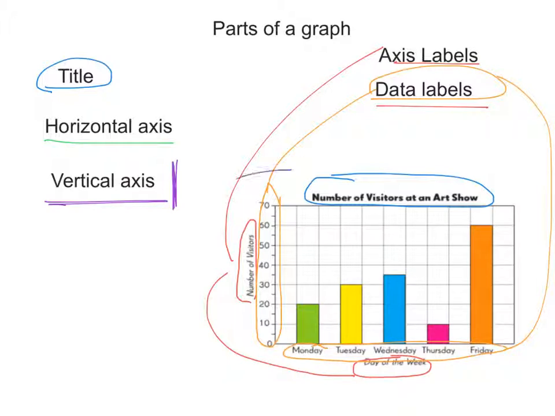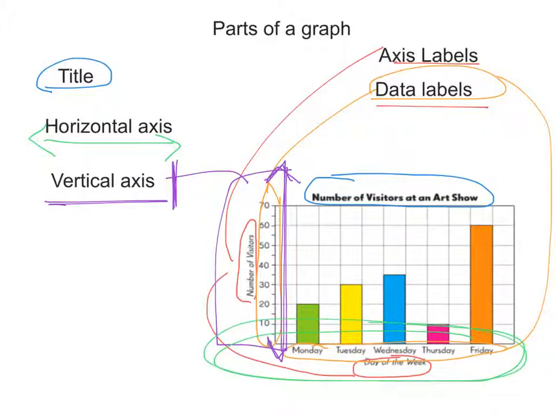So this is the vertical axis. It's the one that goes up and down over here. And the horizontal axis, we know that horizon means this way and this way. Like if you look out at a picture at the horizon. So over here, this is the horizontal axis because it goes from side to side.